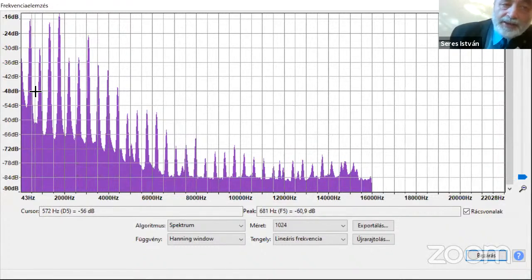This is the peak, but we have 880 and we have 1320 and so on. So when we hear a sound, we hear the basic frequency, and we have the double, 3 times bigger, 4 times bigger, and so on frequencies as well.